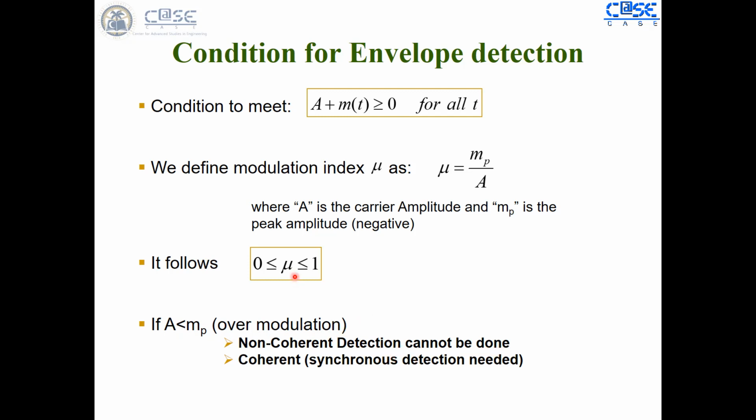The mu would be greater than 1 in that case, so you would have to go for coherent detection. But if you keep A within the limits, then you get mu within this range, and then you can do the non-coherent detection.